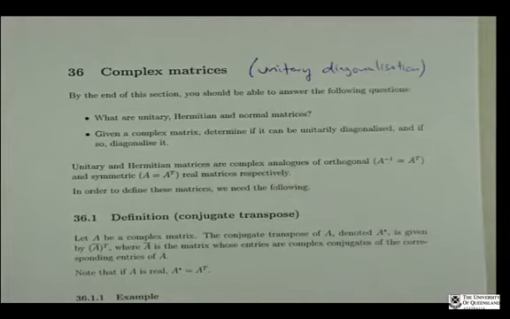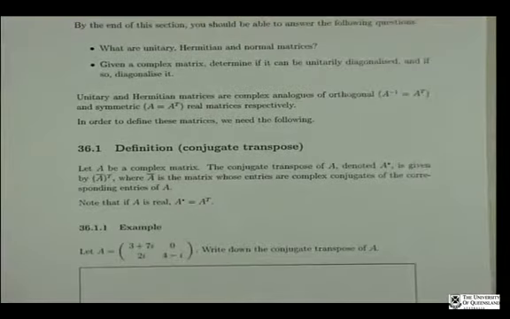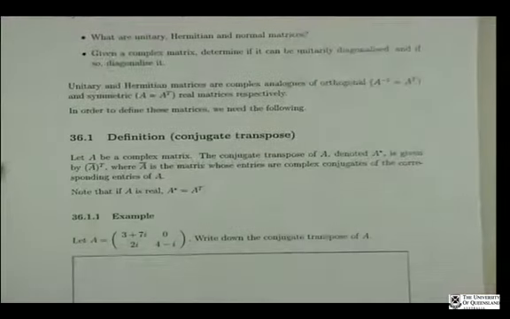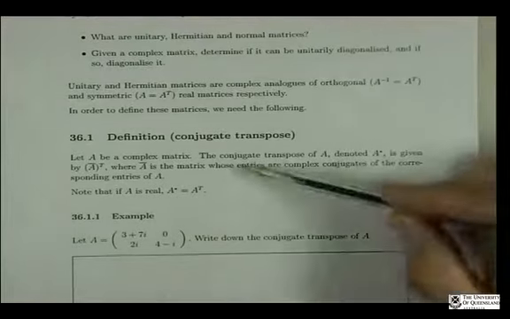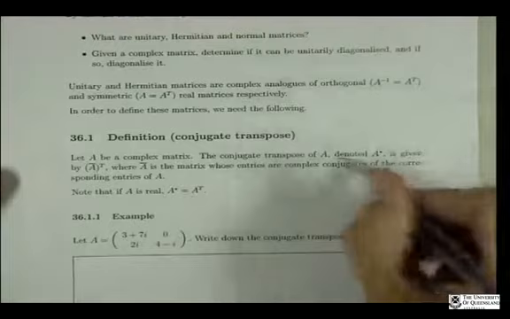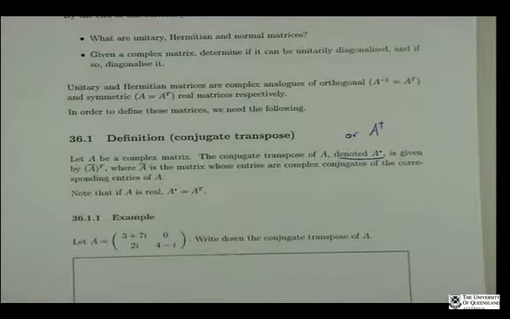So what we're going to look at now are just the complex versions of these, where the matrices have complex entries. We call such a matrix a complex matrix. Rather than transpose, we talk about the conjugate transpose of a matrix, denoted A star, or sometimes in the literature, especially if you're a physicist, you'll see the conjugate transpose written as A dagger.